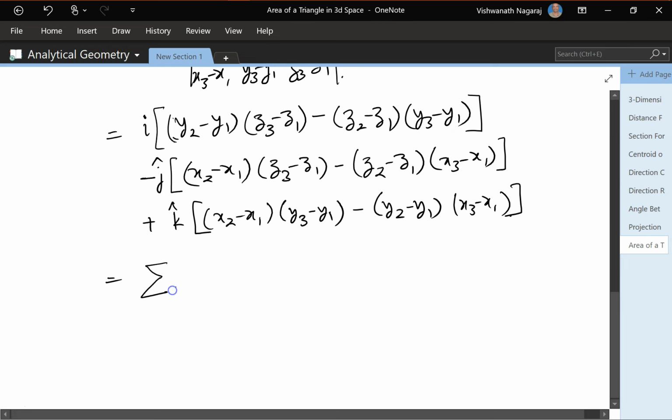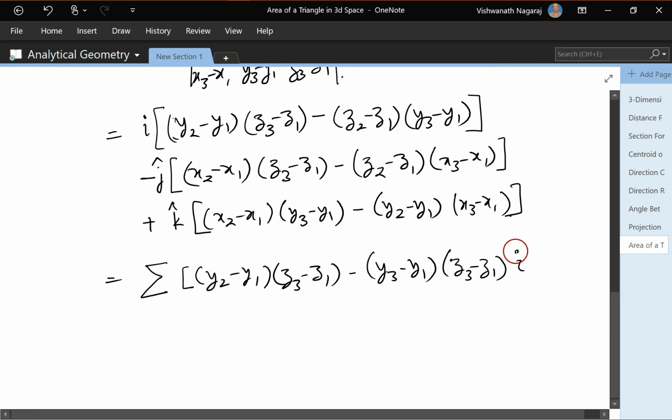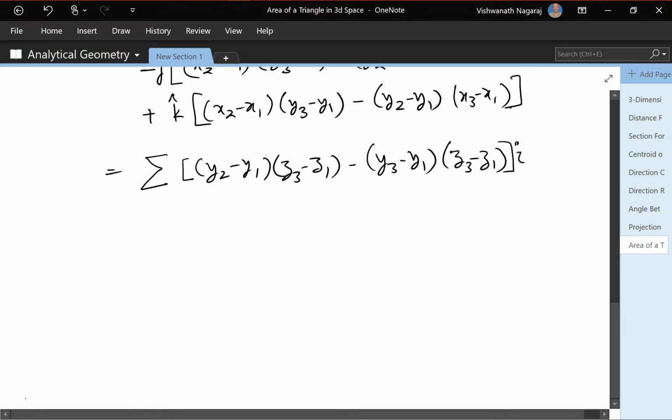So summation of (y2 minus y1)(z3 minus z1) minus (y3 minus y1)(z2 minus z1) i.